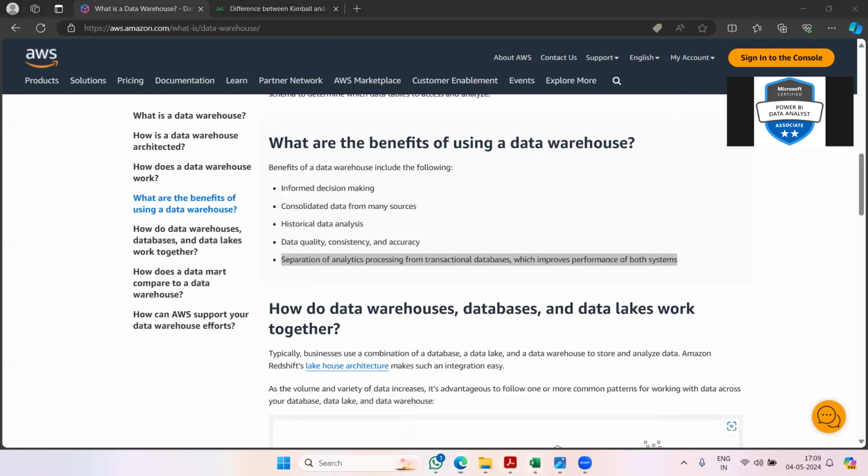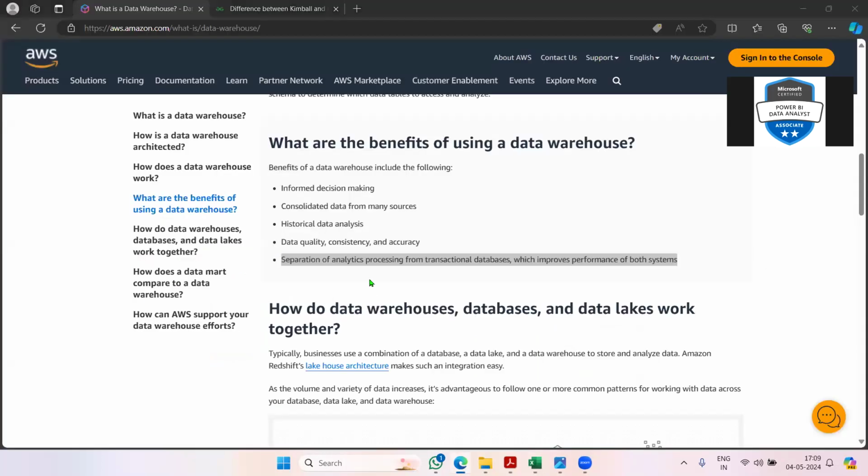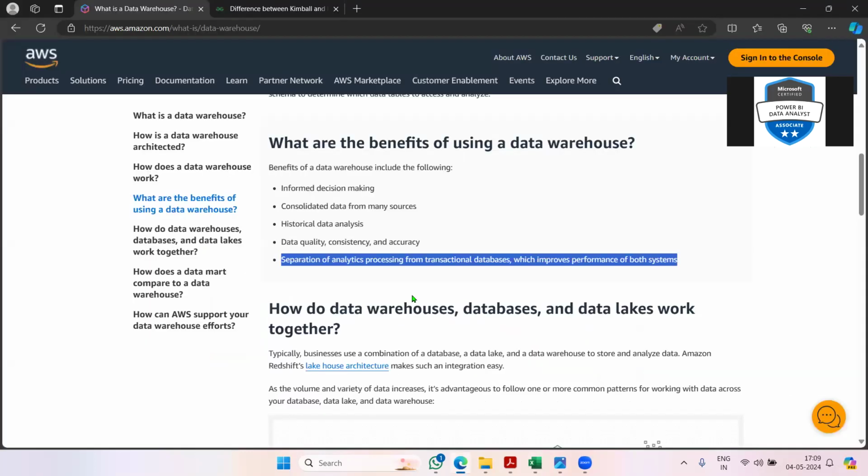So this is what we discussed. The first and foremost benefit of data warehousing is that it separates the analytical processing. That means the business or strategic planners who want to do some analysis of the data, that process would be separated from the transactional databases, which improves performance of both, right?